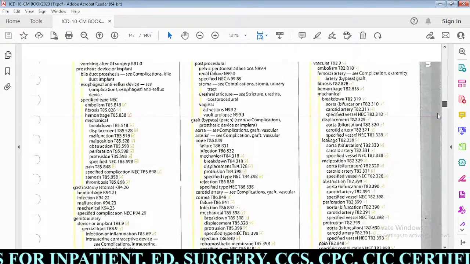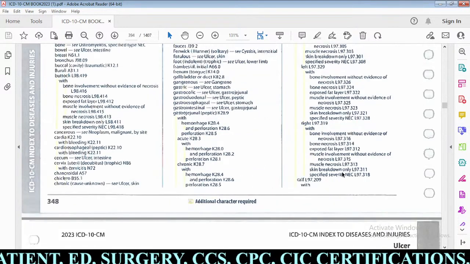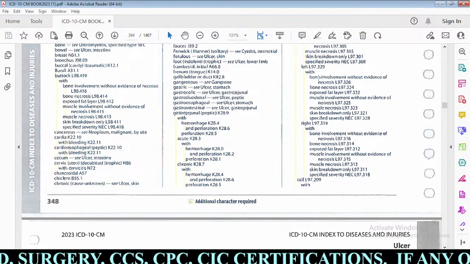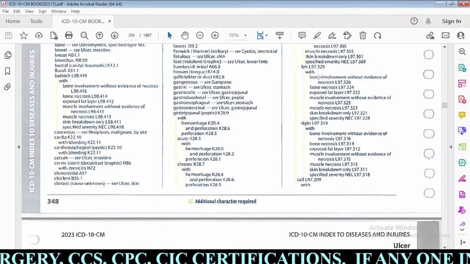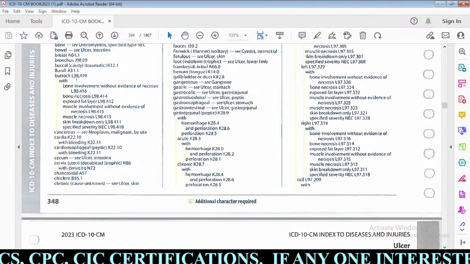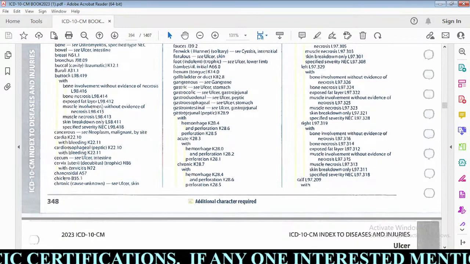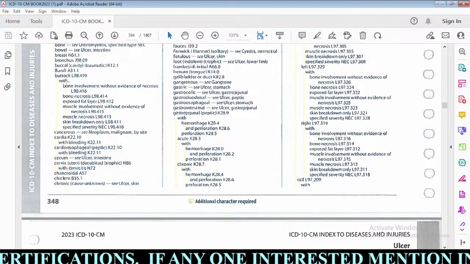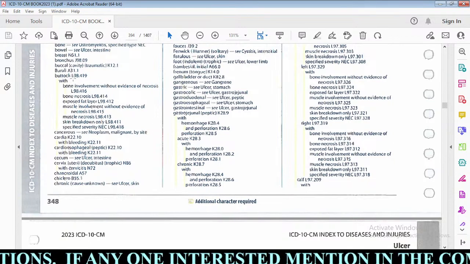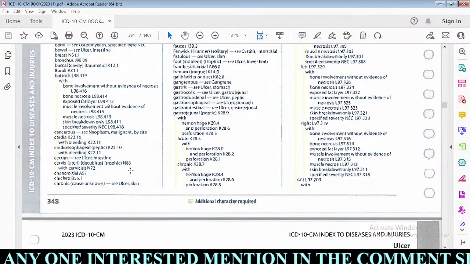Anyway, if you are writing CPC, you must know all these things. You know how to check the indentation after any code. For example, buttock with bone involvement, bone necrosis, exposed. This is the main word and these are indented words. You need to check the combining words here, like buttock with, and check the documentation.